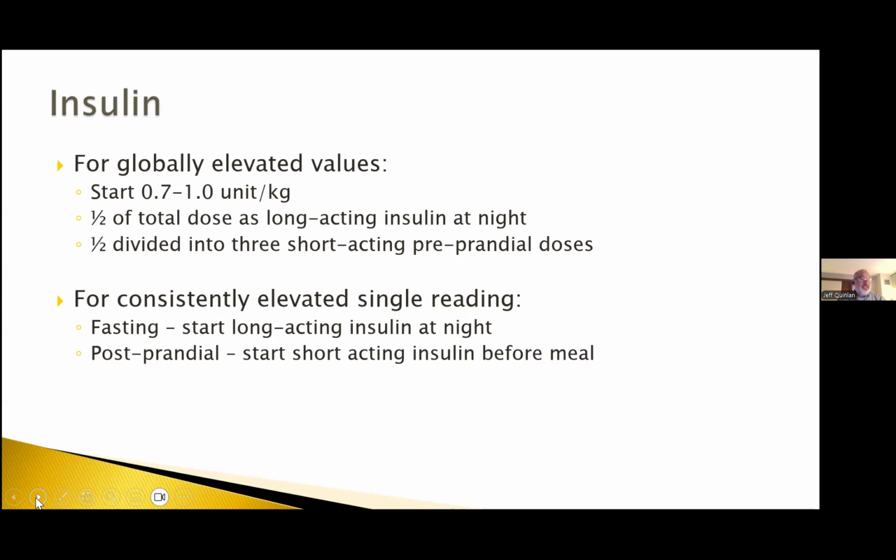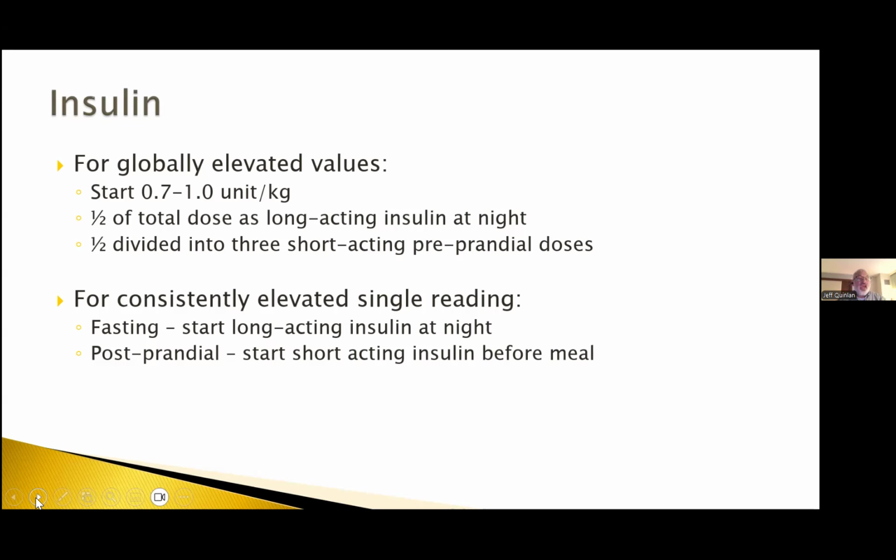Universally, insulin is considered the gold standard of treatment for gestational diabetes. For patients that have globally elevated values, meaning they're elevated throughout the day and at fasting, recommendations are to start somewhere between 0.7 and 1 unit per kilogram per day.